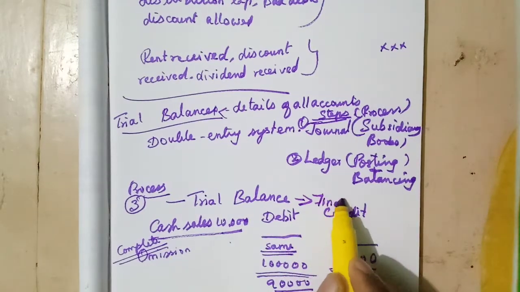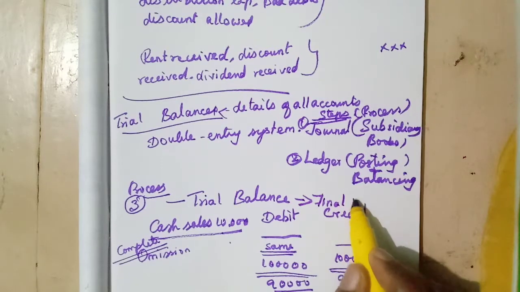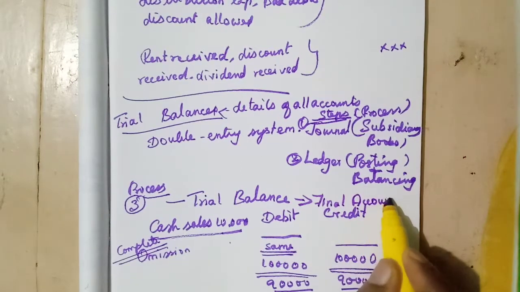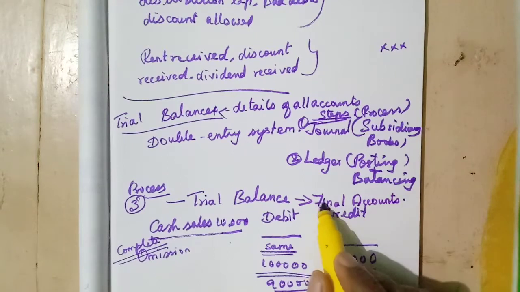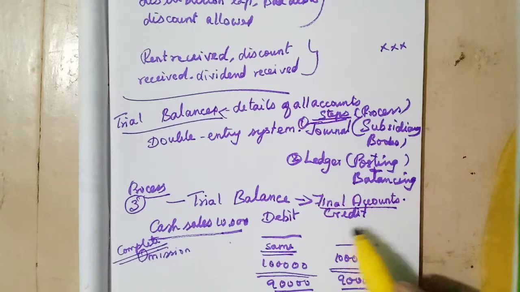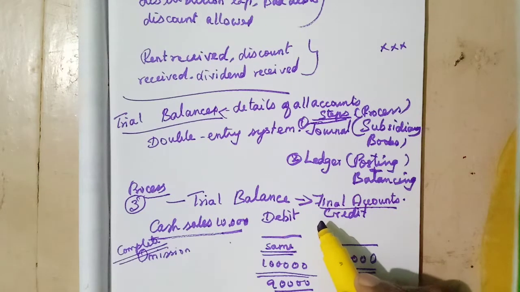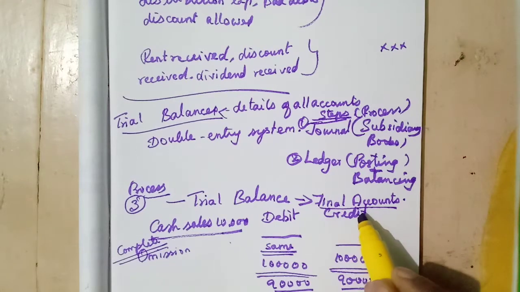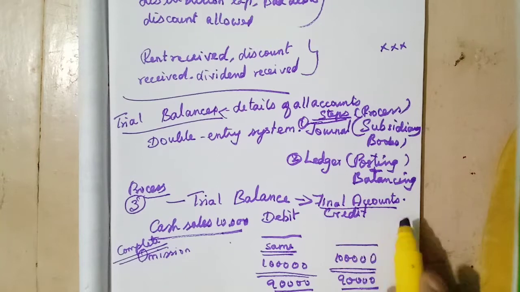After preparing this trial balance, we will prepare the final accounts. The next stage of accounting is final accounts. The trial balance is the basis for preparation of final accounts, because in the trading and profit and loss account, we will take all the nominal account balances: expenses, losses, gains and income. Then the assets and liabilities will be entered in the balance sheet.